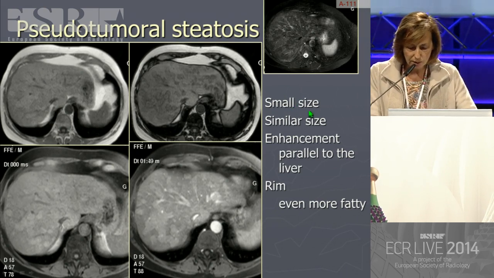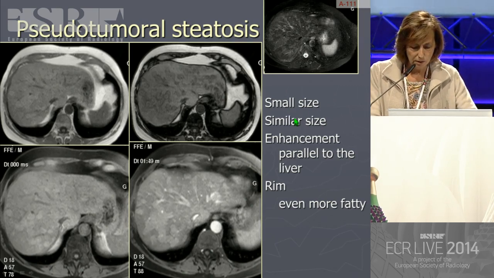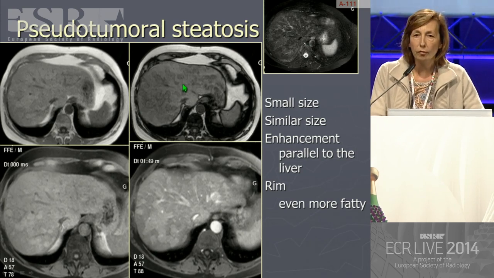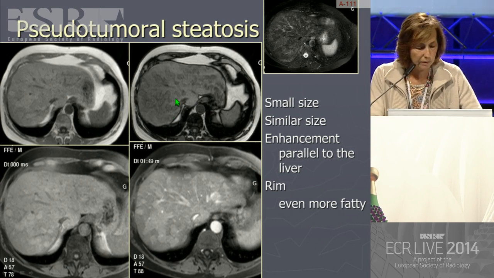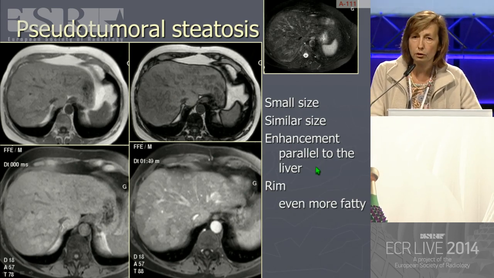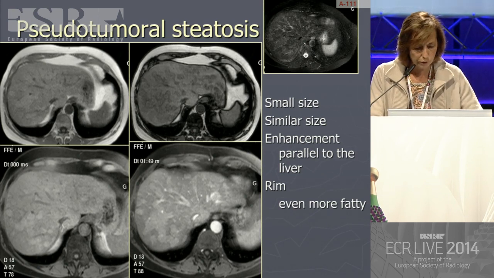In pseudotumoral steatosis, lesions are usually small-sized, with a similar size, and I don't know why, there is often a rim which is even more fatty at the periphery of the lesion and which is highly characteristic of pseudotumoral steatosis. And the enhancement is classically parallel to the liver, but sometimes we can see mild differences over time.